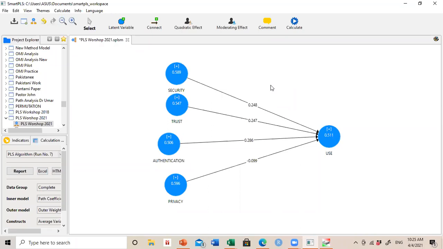We don't call it inverse, it's just negative, if our hypothesis says there is a negative relationship. But if our hypothesis says there is a positive relationship between privacy and use, and we get negative, that's when we get inverse.